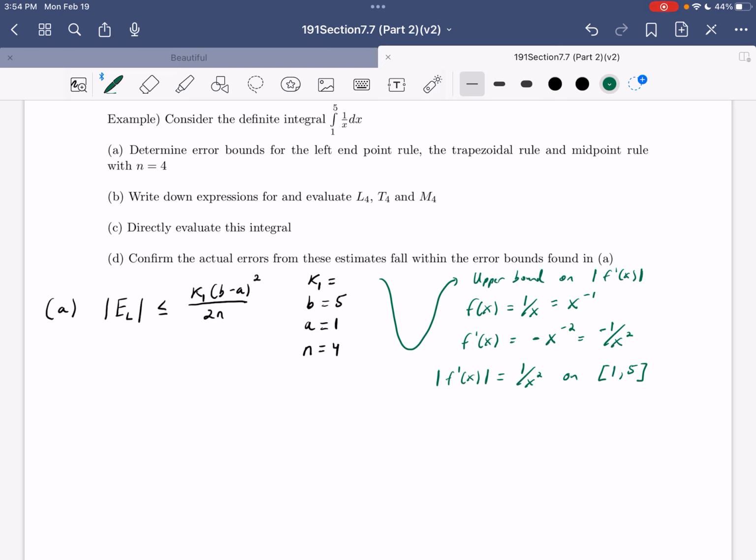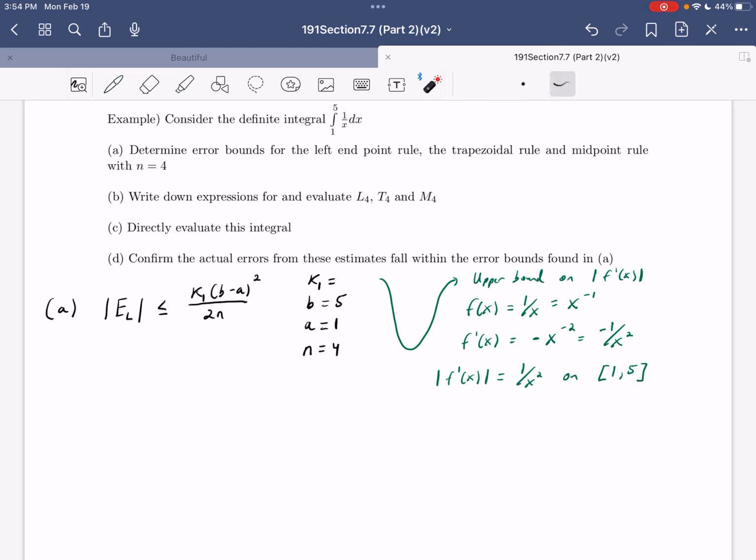For some functions, you could do this like a Math 190 problem, a maximization problem. You could take another derivative, find the critical values, and then test the 2 endpoints and the critical values to see which one gives you the largest overall value. But in this situation, and in a lot of the situations you're going to be asked to do, there's a much simpler way to do it.